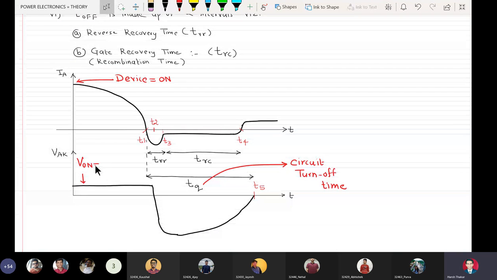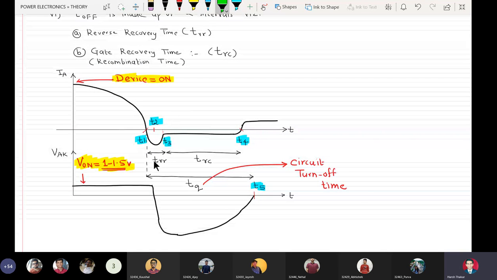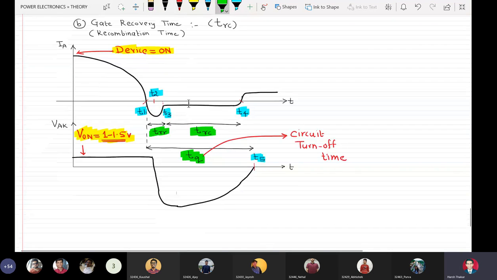This is the on-state drop, that is 1 to 1.5 volts. T1, T2, T3, T4, T5, and we have reverse recovery time, recombination time, and circuit turn off time.